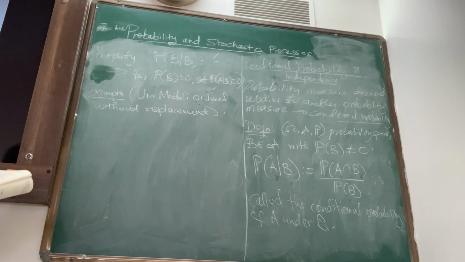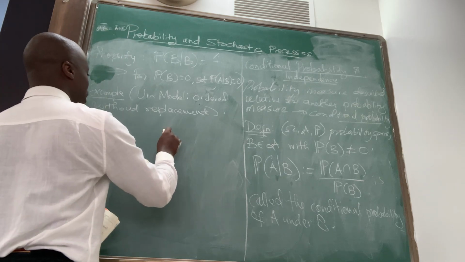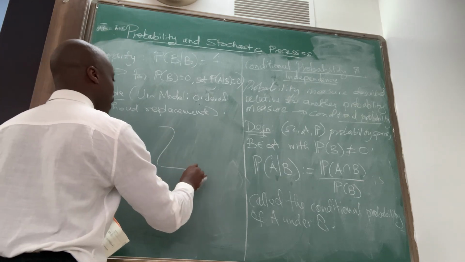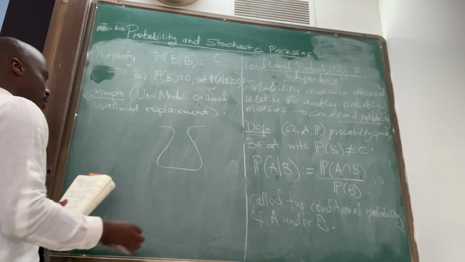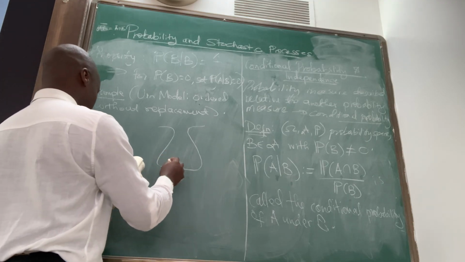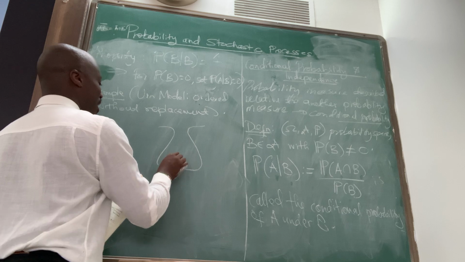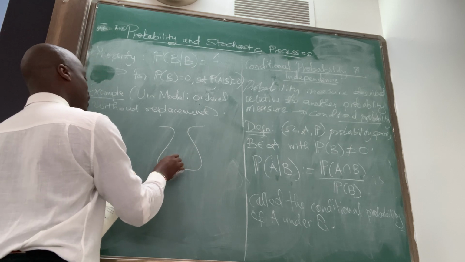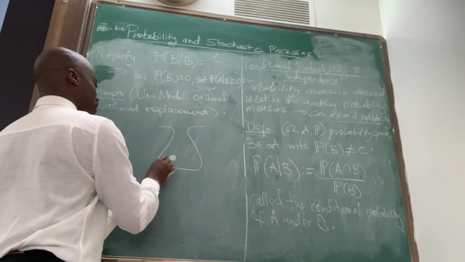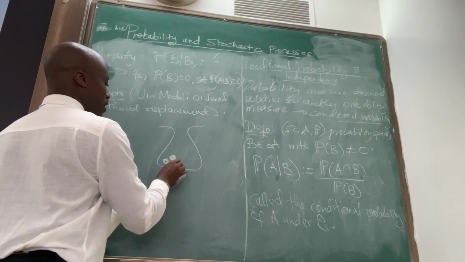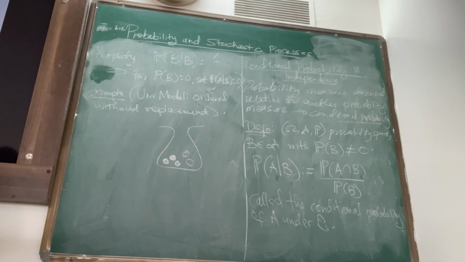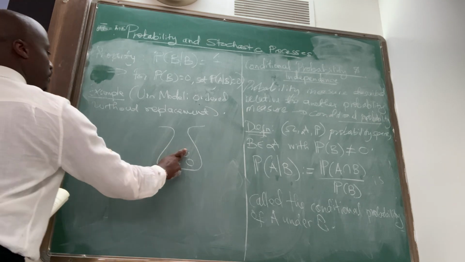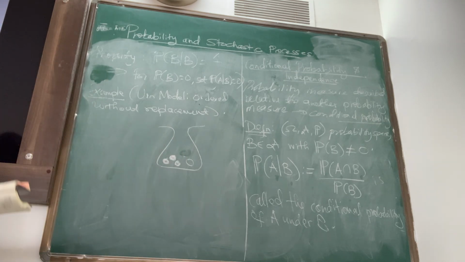Okay, so the urn model. So you know what an urn is? Okay? So let's assume we have blue and red balls, or black and white. So let's assume you have that type of setup. Actually, let's make them 4. So that's an urn model.